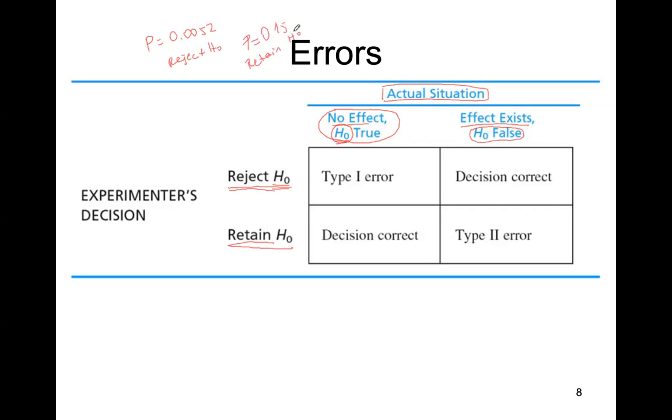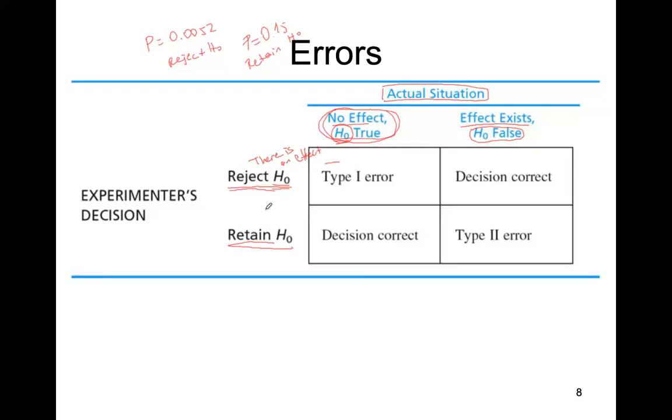Retain H0 means we do not have sufficient or strong evidence against H0. That's why we are saying that. So if there is no effect, but I say there is an effect, reject H0 means there is an effect. There is an effect here.